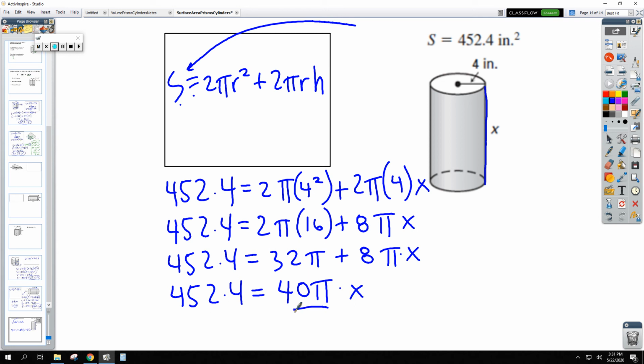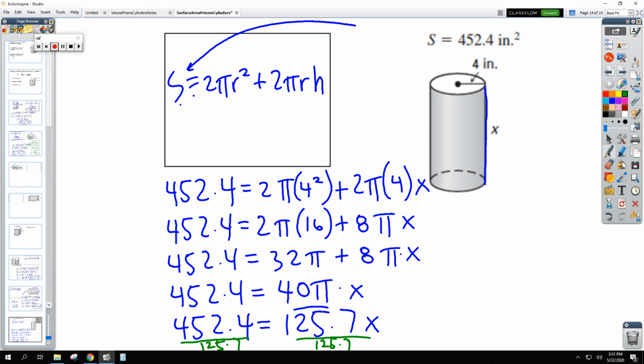Let's find out what 40 pi is. Forty times pi is 125.7 if we round correctly, times the variable x. Now it's at this point where we got to solve for x by doing what? If it's 125.7 times x, we're going to divide out that 125.7 to both sides, right?